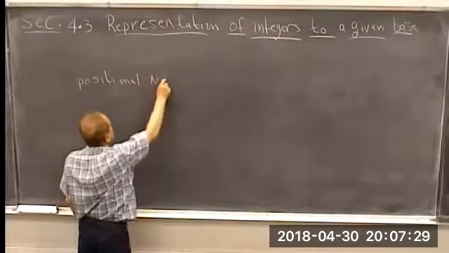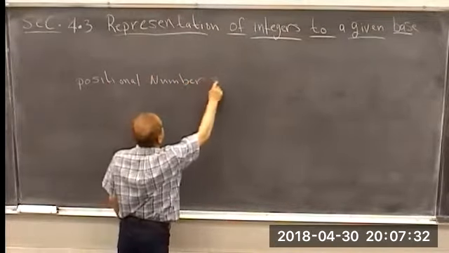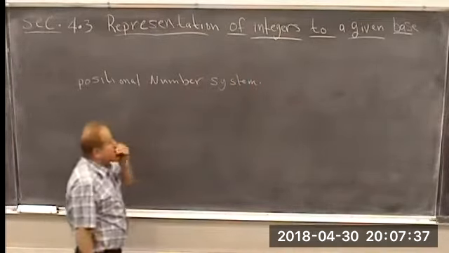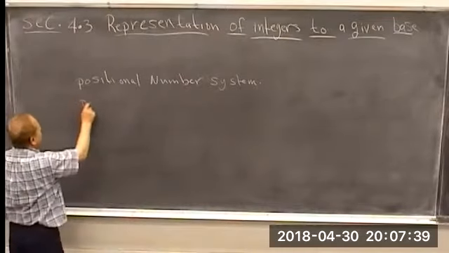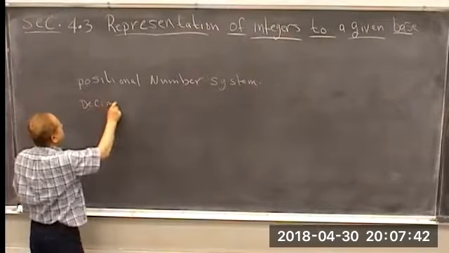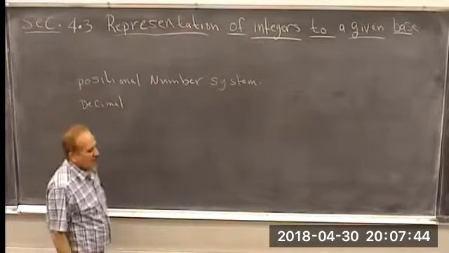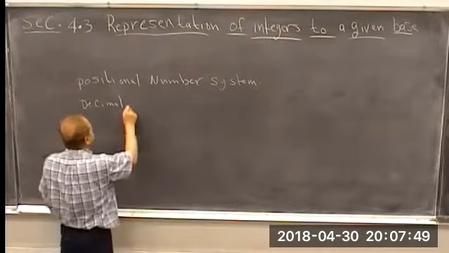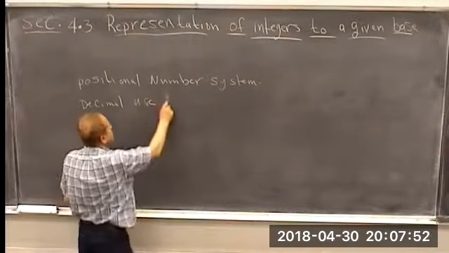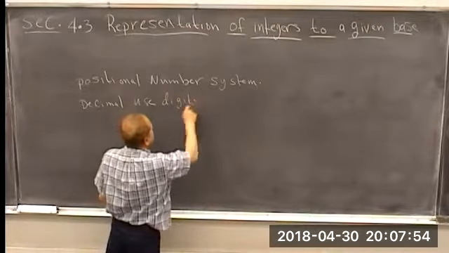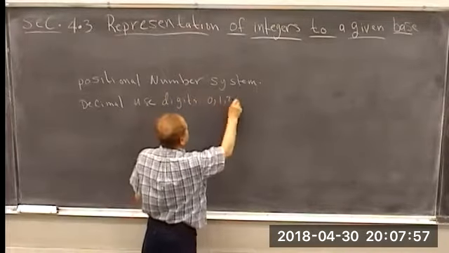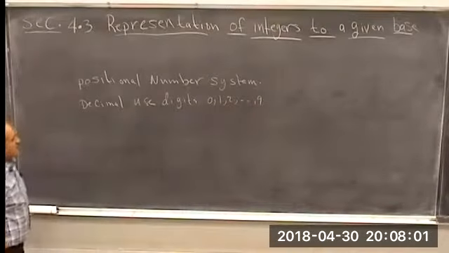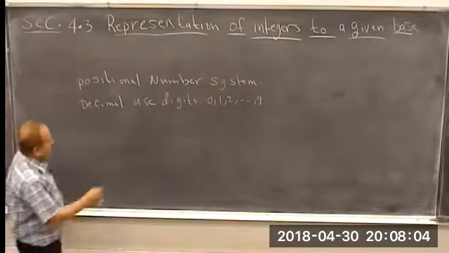Positional number system. In the decimal number system, which is an example of this, we use the digits 0, 1, 2, up to 9, and we represent a number usually in this form.